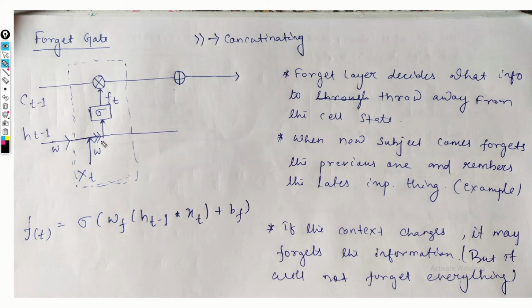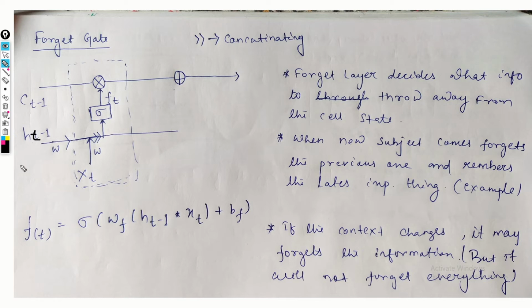So what we are doing in the forget gate, this is the first layer of this LSTM network. This is h(t-1), whatever the output coming from the previous LSTM cell, right? If there is no output coming from the previous layer, as we are initializing, it can be a zero vector.